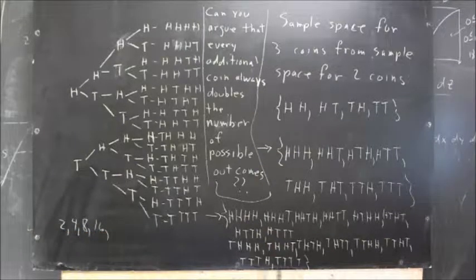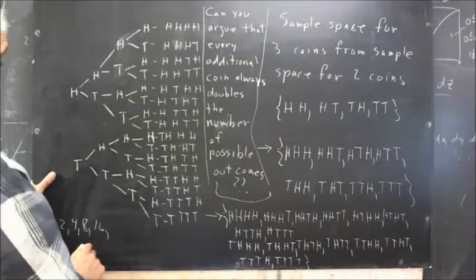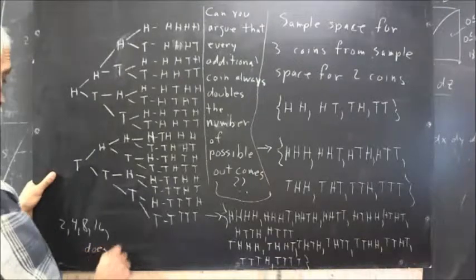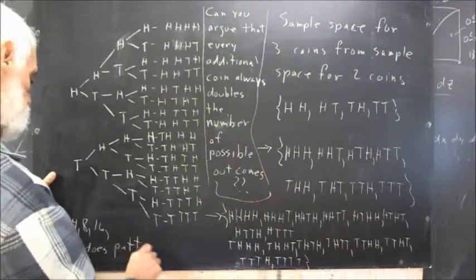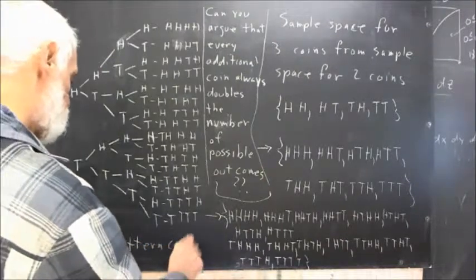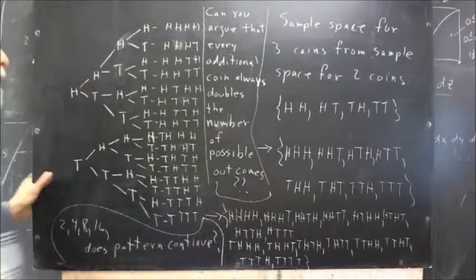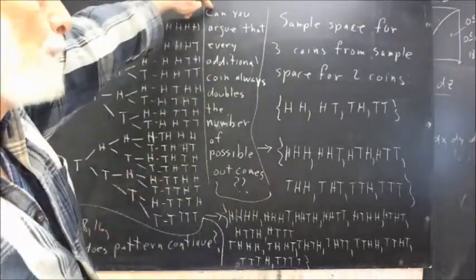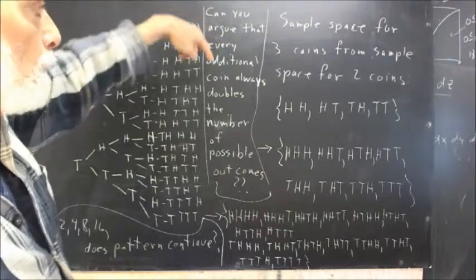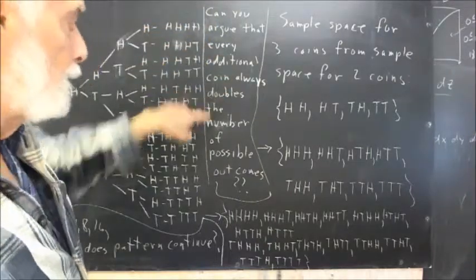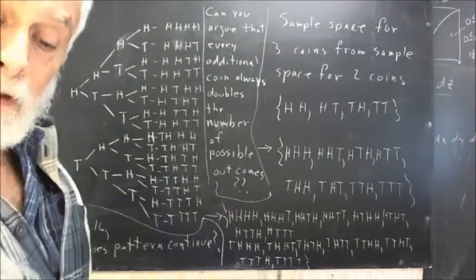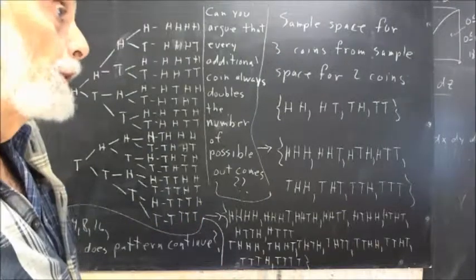Is this pattern going to continue? Okay. Can you argue that every additional coin always doubles the number of possible outcomes? Now, that's what I'm going to leave to you to think about. I'm not going to tell you.